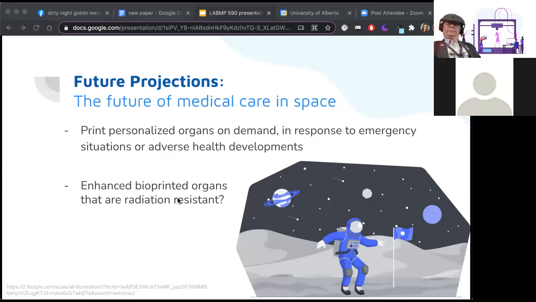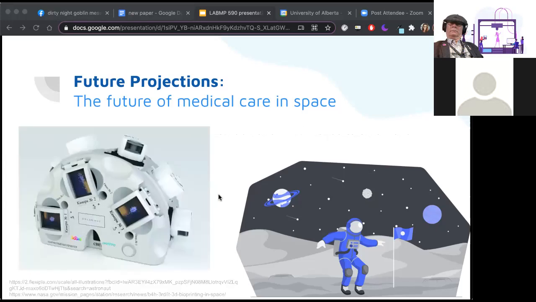The concept of enhanced organs could also be extended to space. Organs that are resistant to radiation could be created, and maybe we'll even create lungs that can breathe Martian air, who knows? And pictured on the left is a concept for a space 3D bioprinter from NASA.